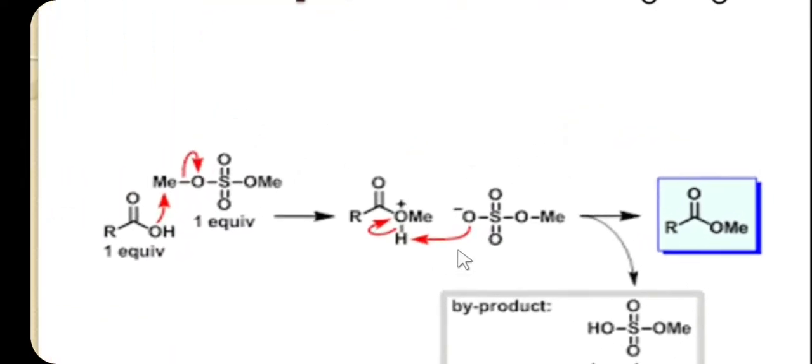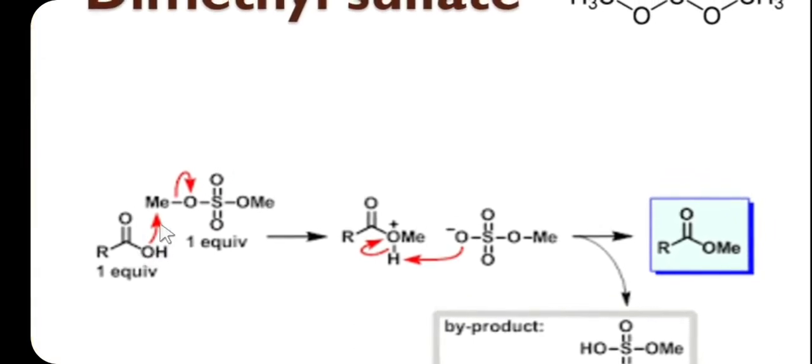If we have dimethyl sulfate, the OH lone pair will attack the methyl group, and of course due to this sulfoxy group, this O will take a lone pair towards itself, and then after that O minus will attack the hydrogen and the positive charge on the oxygen is neutralized.